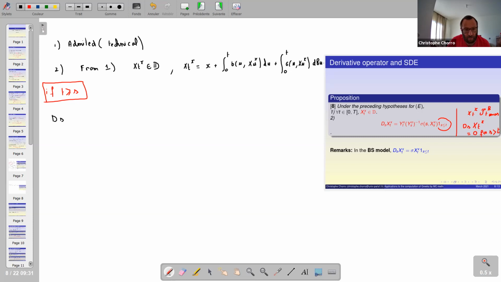So I have D_s of X_t of small x. So that is equal to what? Here I have a constant, so it is equal to 0 plus D_s of the integral between 0 and t of b(u, X_u(x)) du plus D_s of the integral between 0 and t of sigma(u, X_u(x)) dB.